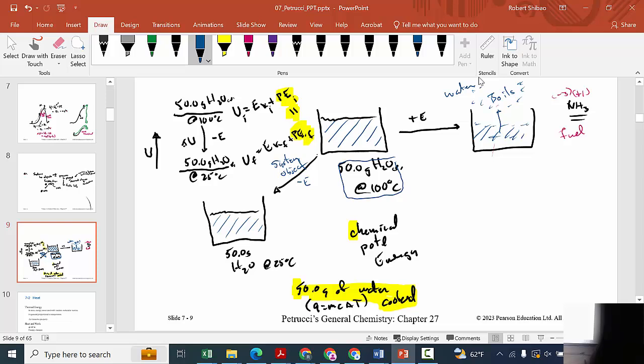When water boils, does the temperature change? As the water boils, the temperature doesn't change. Water boils at 100 degrees C, and what we're going to form is H2O gas at 100 degrees C.